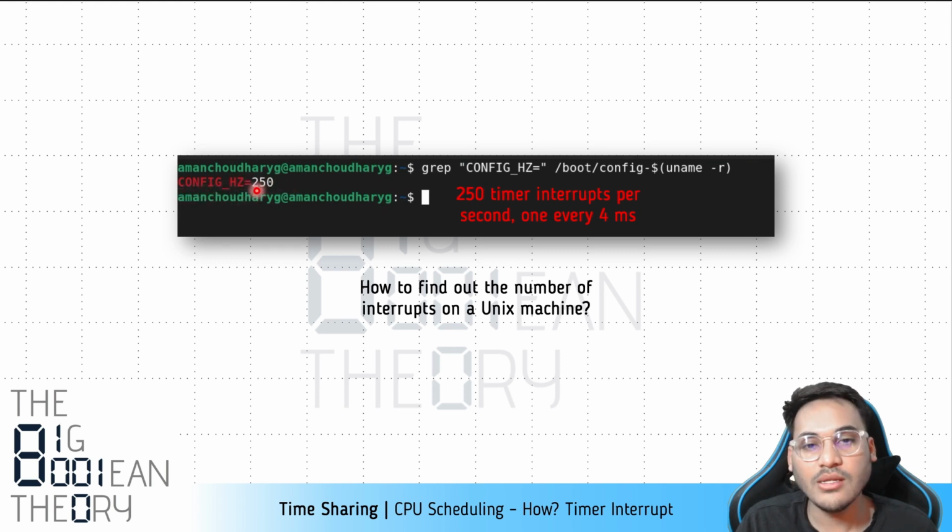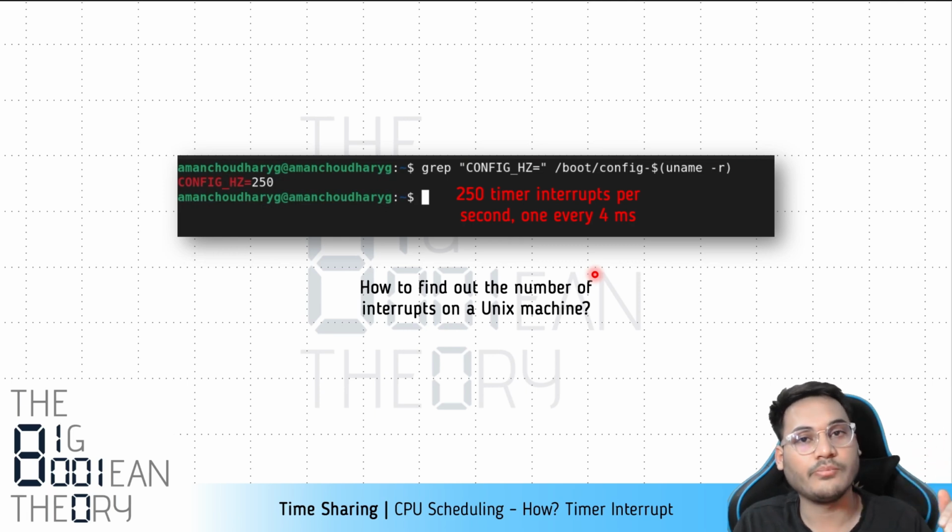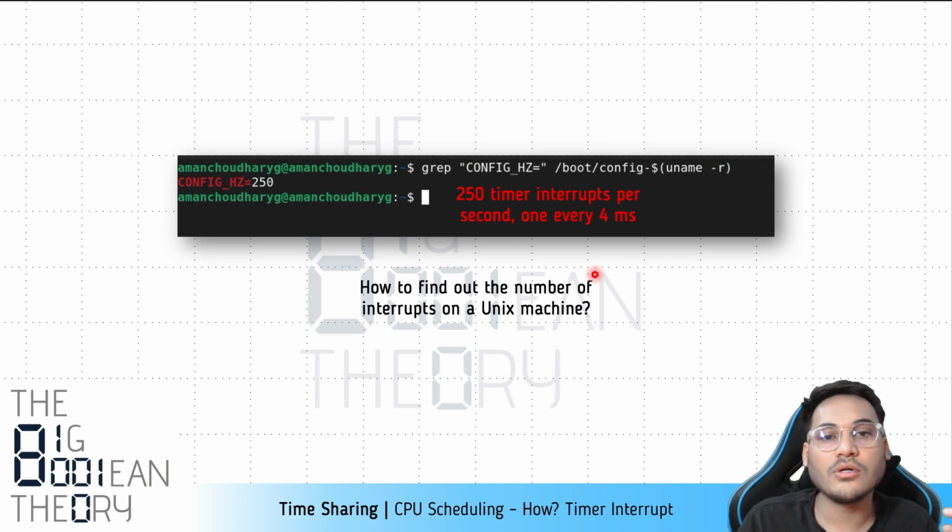So what does this mean? 250 timer interrupts per second, one every 4 milliseconds, right? Within a second there are 1000 milliseconds, so in this computer system, by default, every second there are 250 timer interrupts raised, one after every 4 milliseconds. So you can see every second, 250 times there is a potential for a context switch, right?